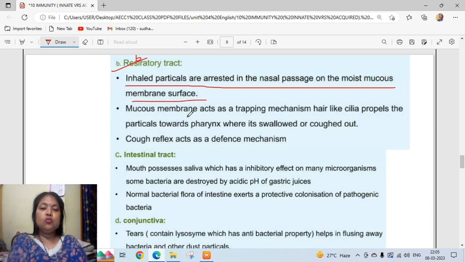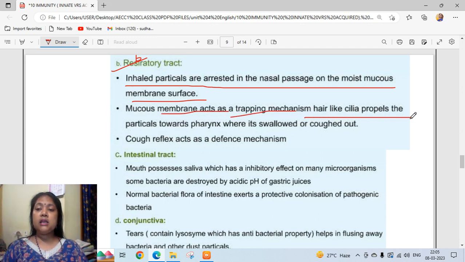The mucous membrane acts as a trapping mechanism. Hair-like cilia propel the particles towards the pharynx, where they are swallowed or coughed out. Then the cough reflex acts as a defense mechanism.